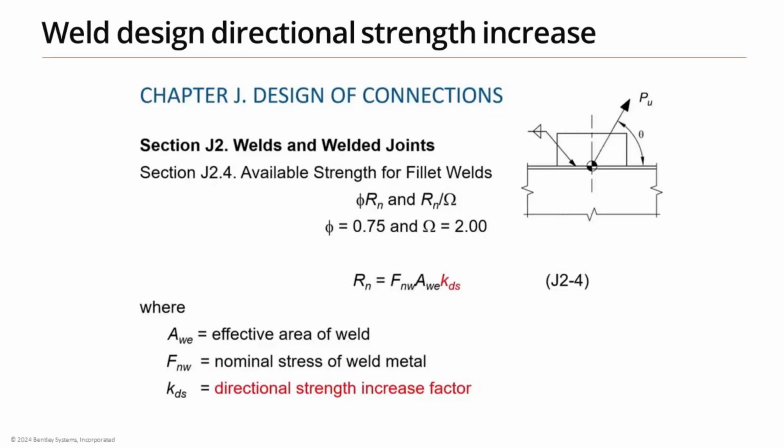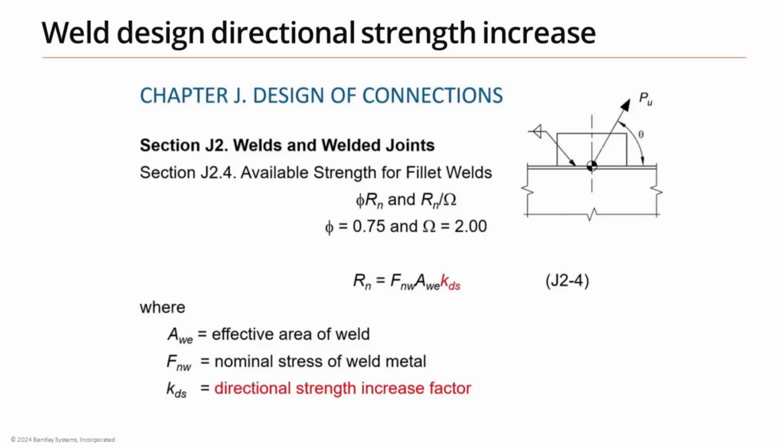The next change is in connection design, and it is in welds. This is a pretty significant one for RAM connection. There was a change in how welds were handled when the direction of the force was not parallel to the weld nor perpendicular to the weld. And so for a lot of conditions in RAM connection, we're dealing with a weld that is loaded in shear and it's being pulled in tension, or there's some eccentricity causing a moment, various conditions that trigger this.